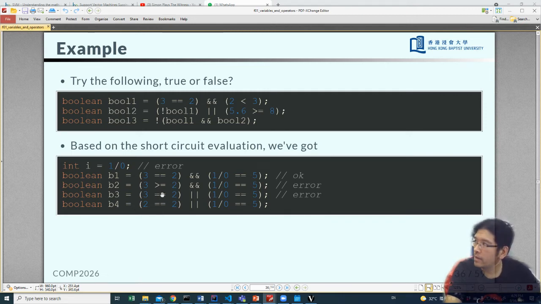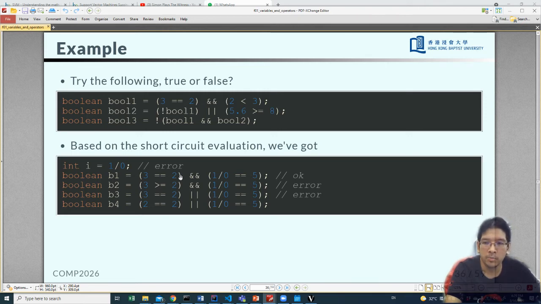First of all, we have to understand if we ever conduct 1 divided by 0, it will give you an error. So imagine this line is not executed, and let's see B1, B2, B3, B4. For the evaluation of each of them, which one will give you an error? The first one, 3 equals 2. Is this true or false?